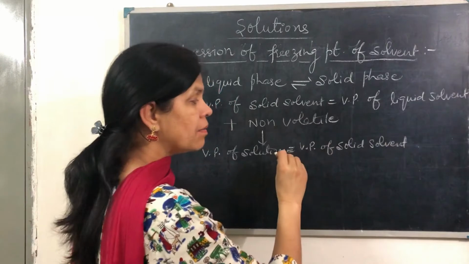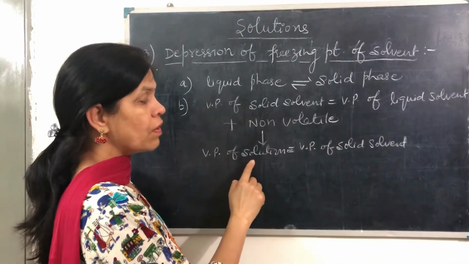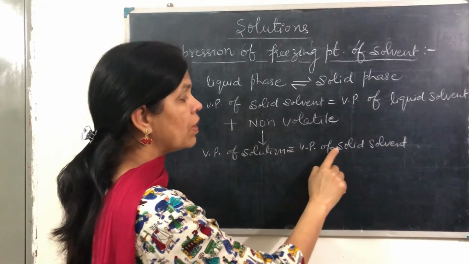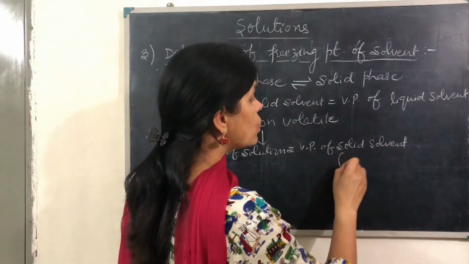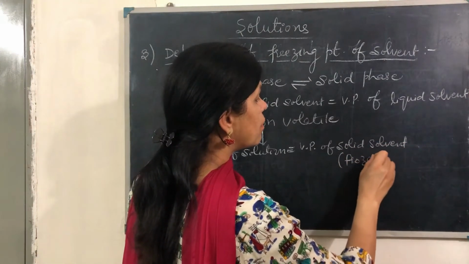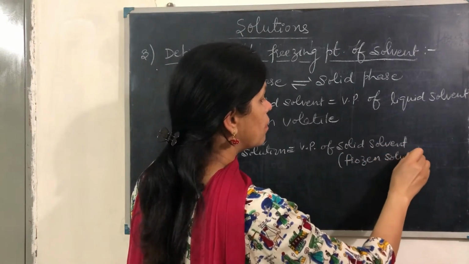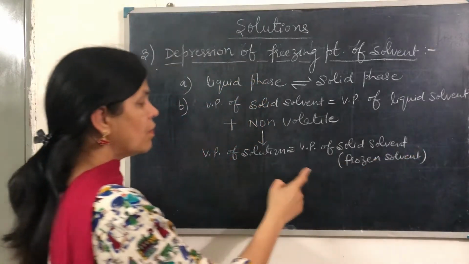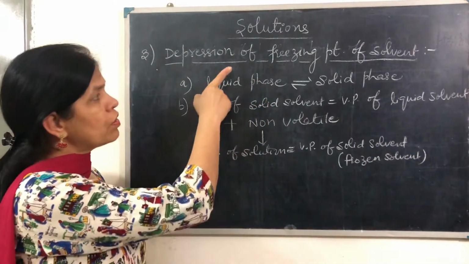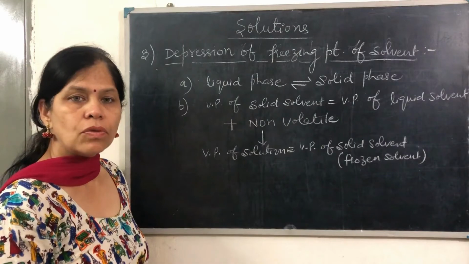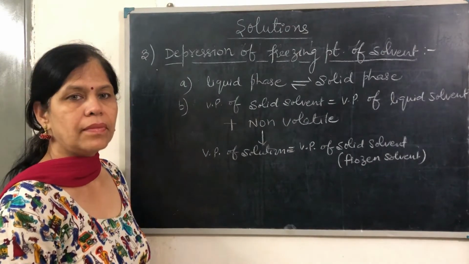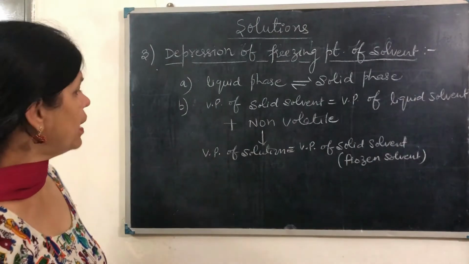What does it mean? When the vapor pressure of solution becomes equal to the vapor pressure of frozen solvent. When the two are equal, then only the freezing point of solution will come. I'll explain it graphically. Let's see.